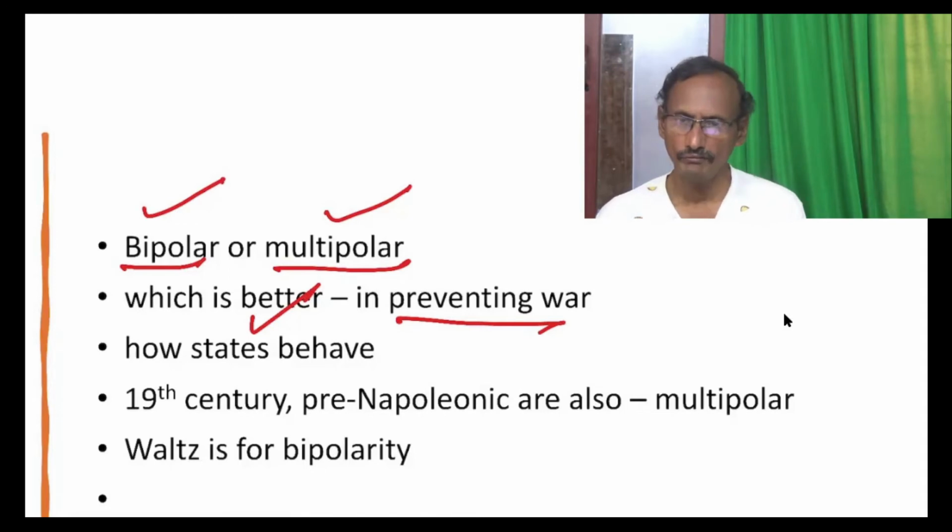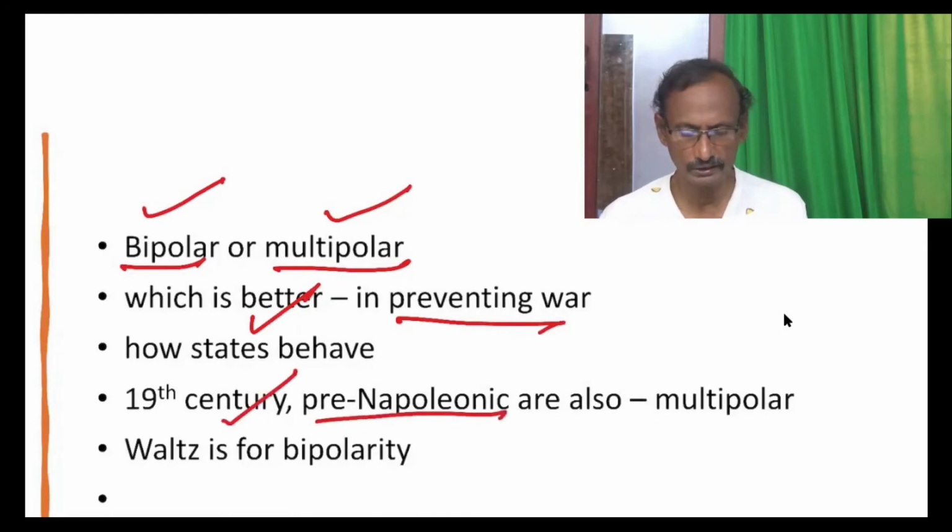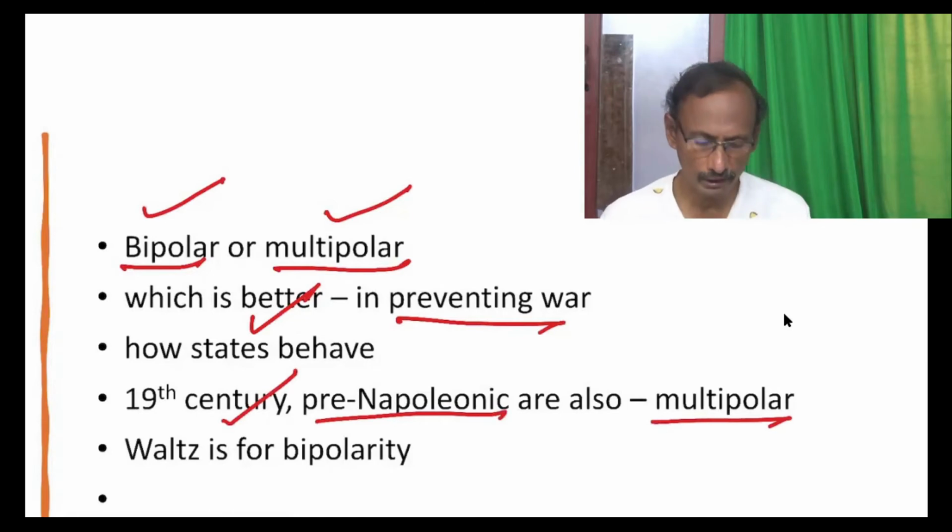Bipolar is after the Second World War. Multipolar is the 19th century, or the pre-Napoleonic era also multipolar. Okay. The early part of the 20th century also is multipolar.